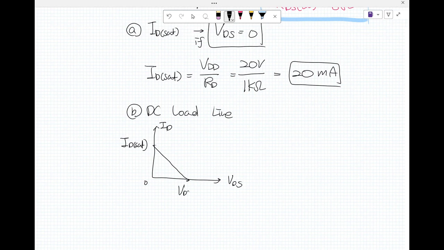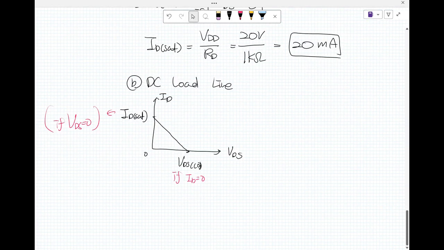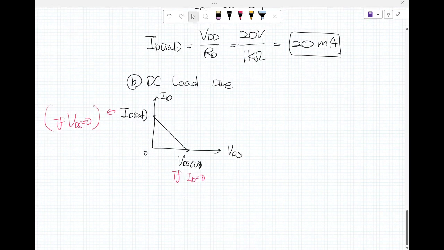That was V sub DS, the cutoff. Cutoff was if I sub D is 0, that was V sub DS is equal to 20 volt, right? So now that was the 20 milliamp, and V sub DS is 20 volt. Okay.